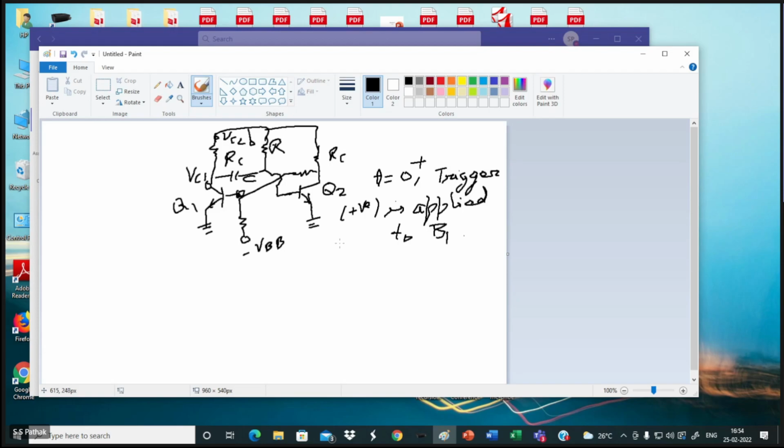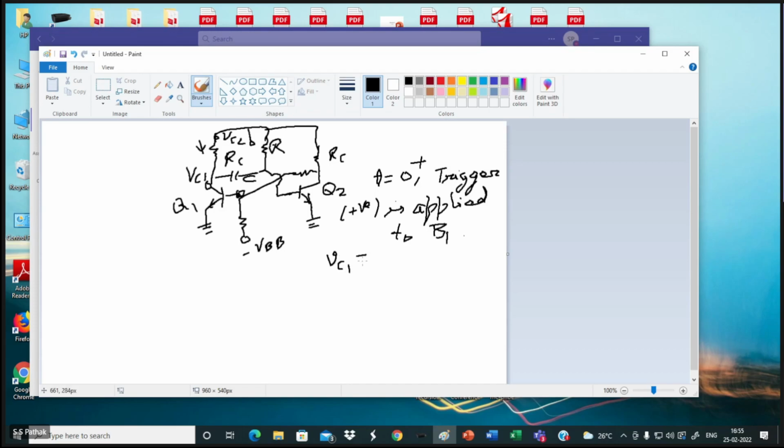As a result, what happens? A current will flow through this resistance RC. Earlier current was not flowing. This was VCC, this was VCC. No current was flowing. There was a capacitor here. So at t equal to infinity, nothing was there. Now it has become VCC. So what you are having?